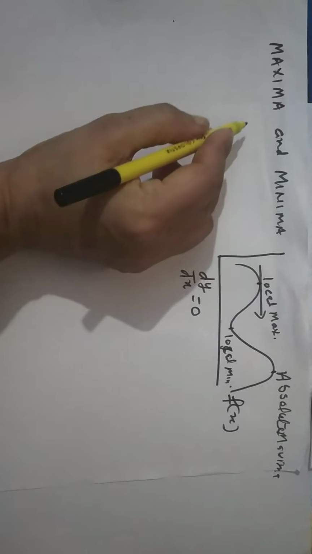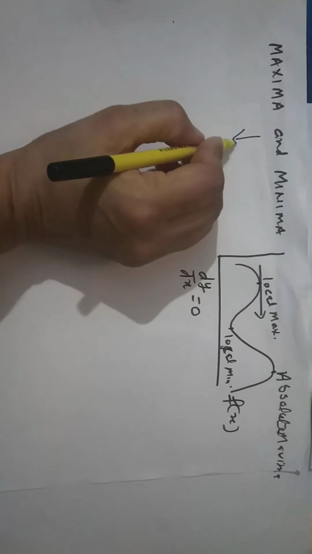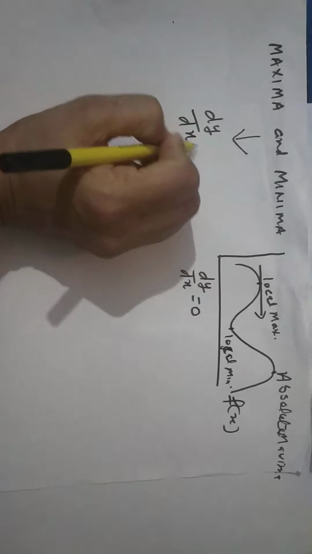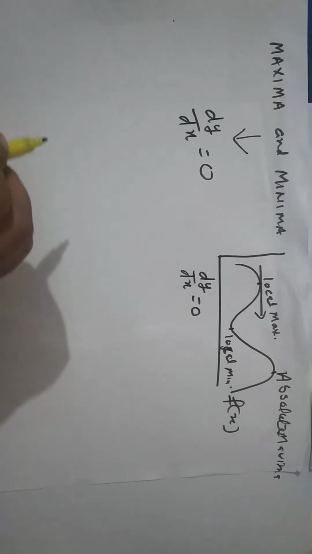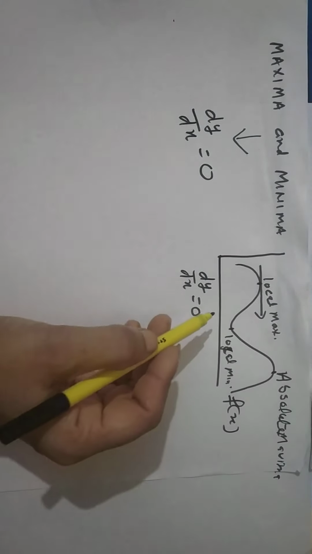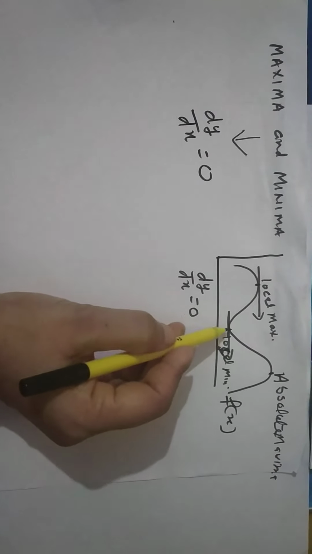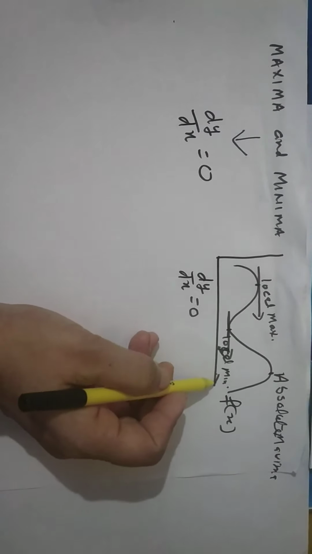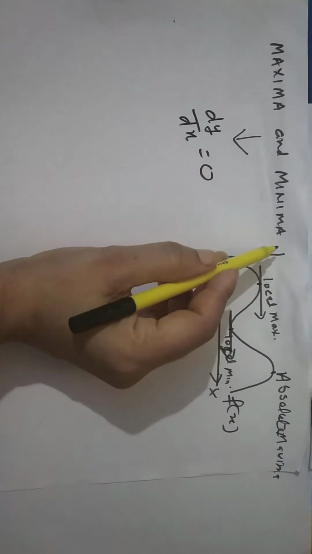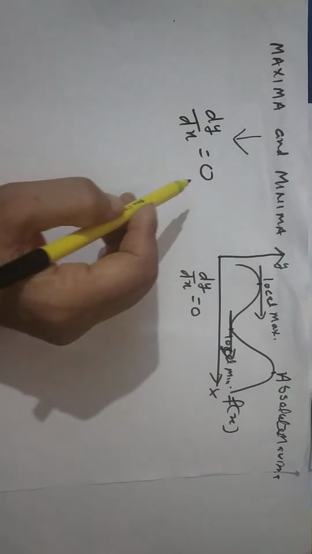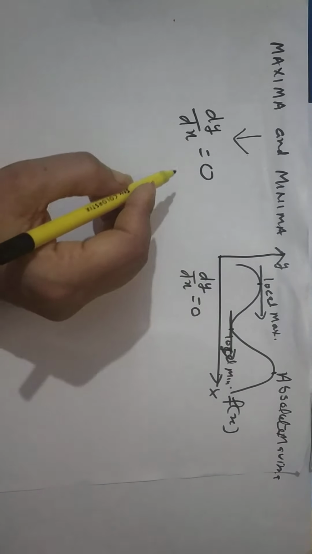So for maxima and minima both, the first condition is dy/dx must be 0. At the minimum point also, the tangent is parallel to the x-axis, which means the slope of the tangent is 0. So dy/dx is 0 at both points.